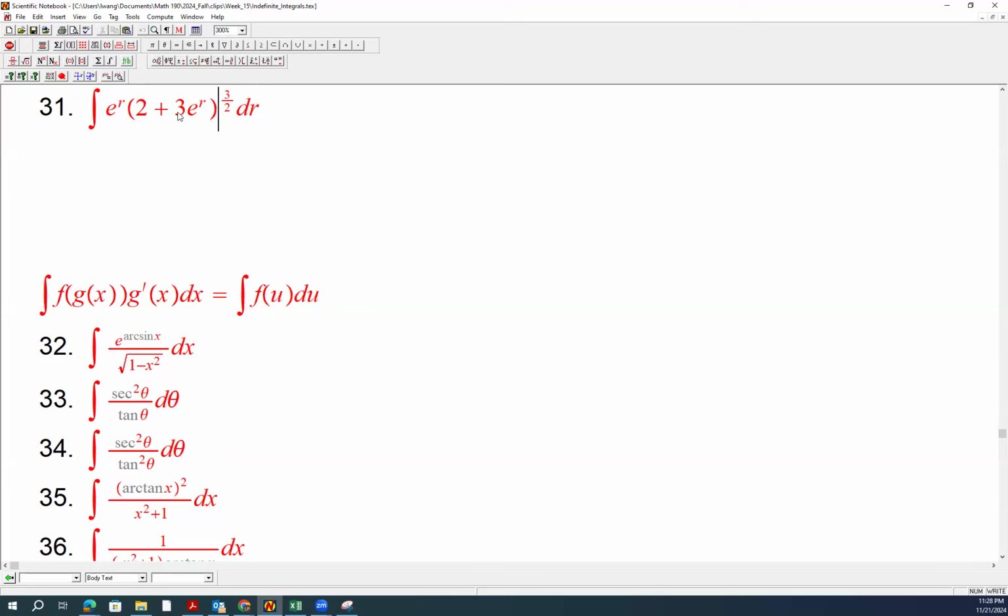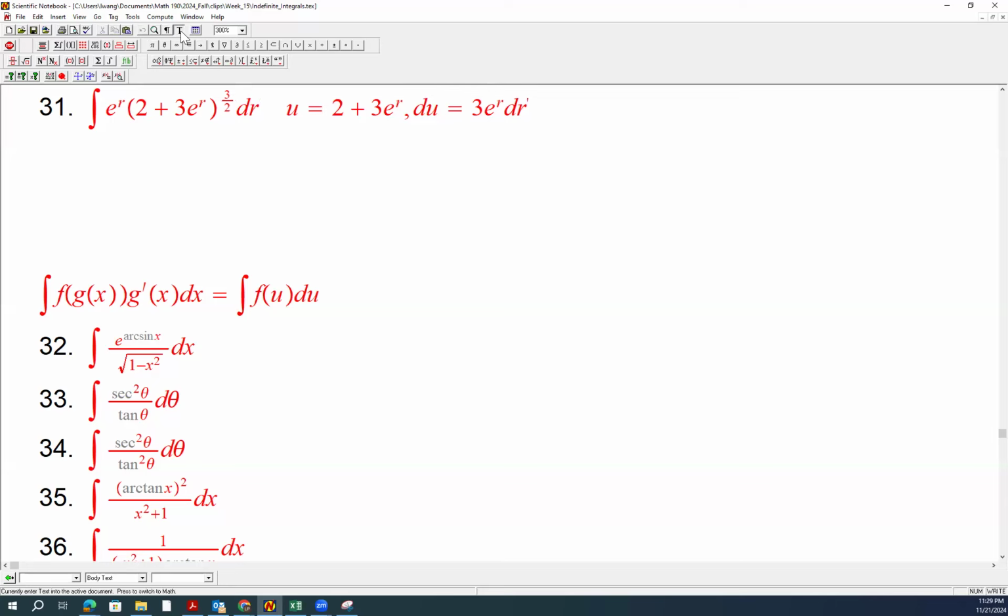In this piece, I'm going to introduce u equals 2 plus 3 times e to the power r, where r is a variable. Then du would be 3 times e to the power r dr.